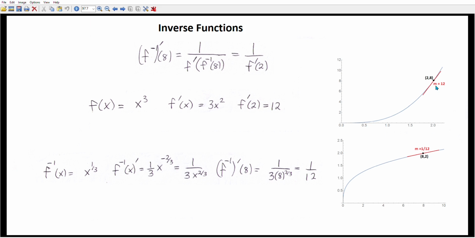But if you think about it, slope is change in y over change in x. If x and y have switched roles here, then we should have a change in x over change in y from here being the change in y over change in x here. We get a reciprocal. And that's in fact exactly what this formula is telling us.